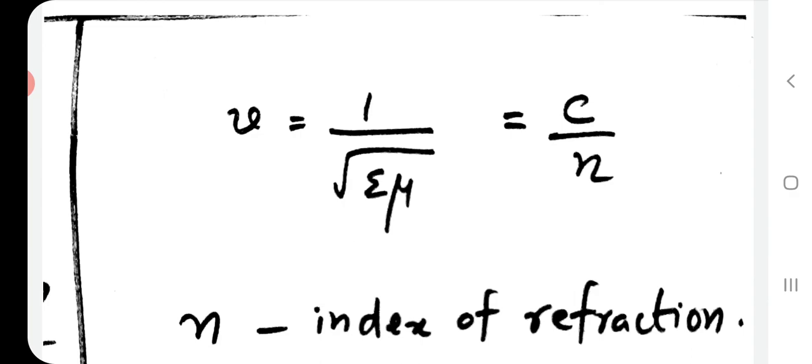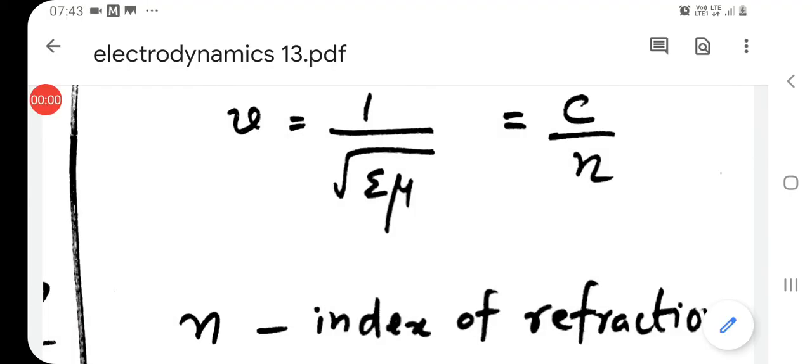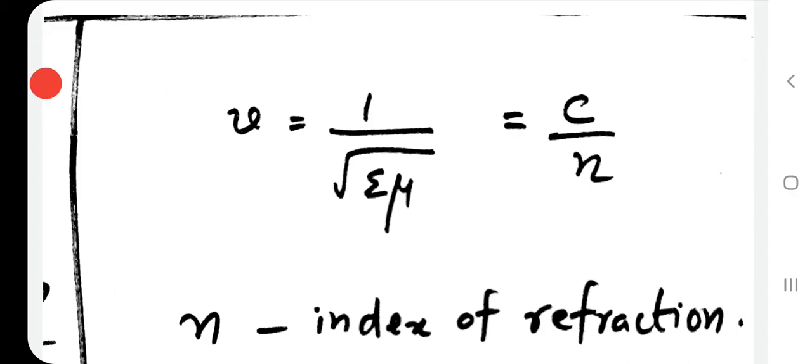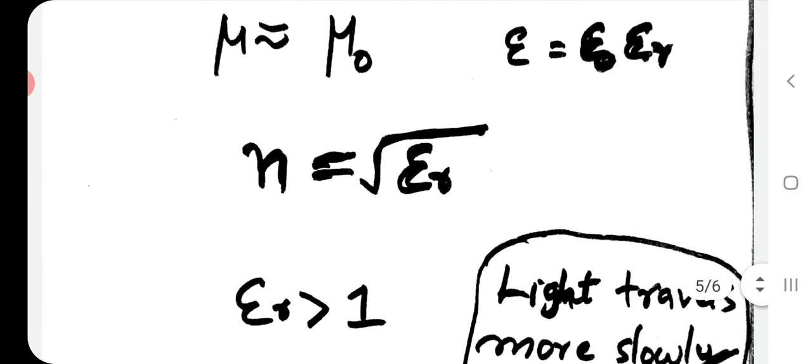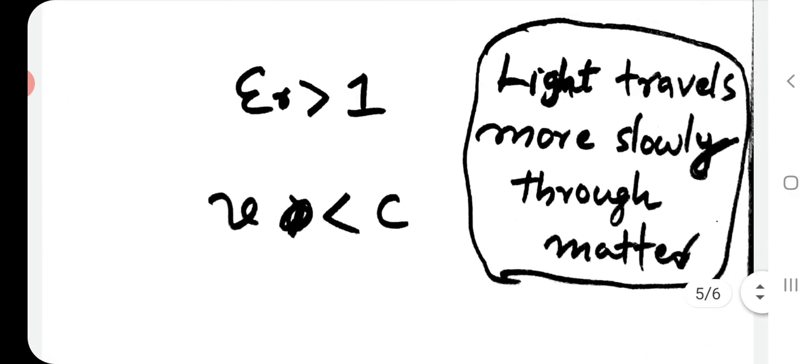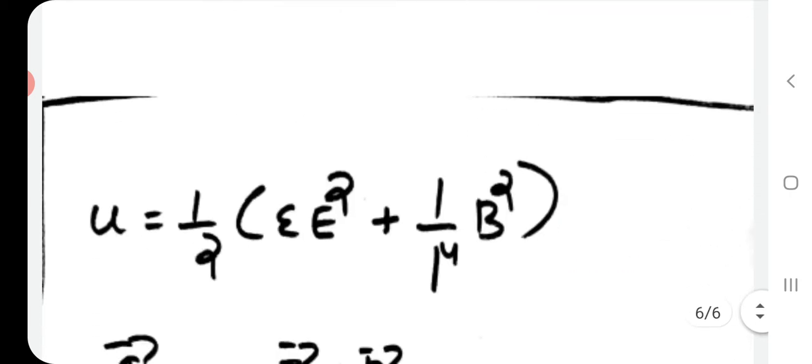That means the velocity of the electromagnetic wave in the medium is less than the velocity of light. So in the medium, the wave will be traveling slower than in free space. Okay, so light travels more slowly through matter, since epsilon r is greater than 1.